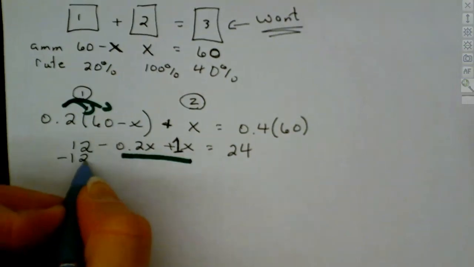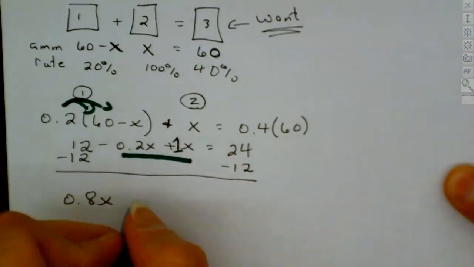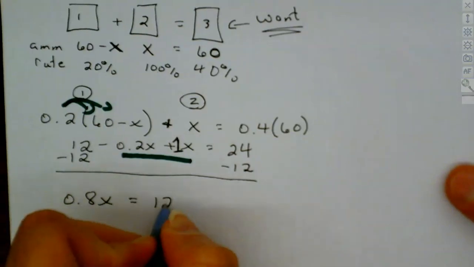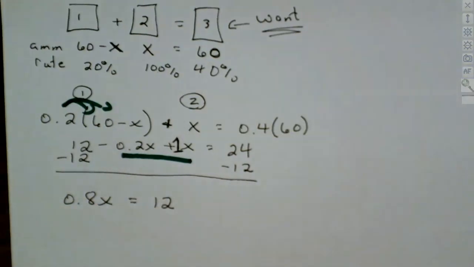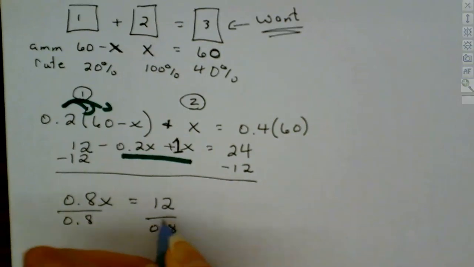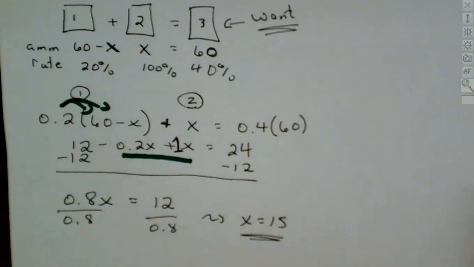I'm going to move the 12 over, so that has to be subtracted off. So now I've got 0.8x equals 12. And 12 divided by 0.8, that gives you then x equals 15. So it should come out to be an answer of 15.